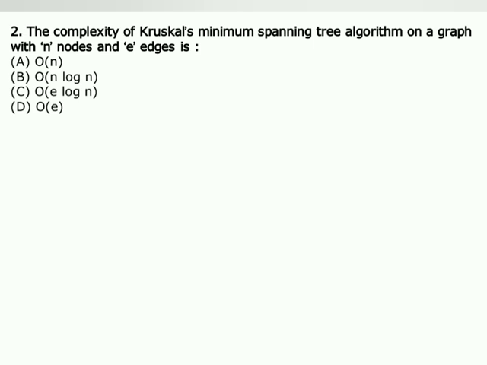So if there are e edges and n vertices in the graph, then Kruskal's algorithm will run in big O of e log n time, using a simple array data structure. So the answer is option C, e log n.